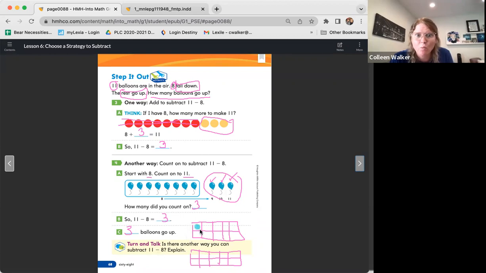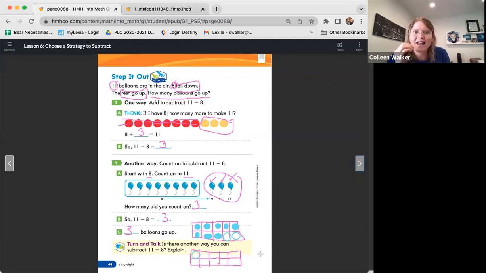Can you count with me? 1, 2, 3, 4, 5, 6, 7, 8. Awesome. Now, friends, we're not done yet. We need to get up to 11. So let's figure out how many more circles we need to draw. So what comes after 8? 9, 10, 11.